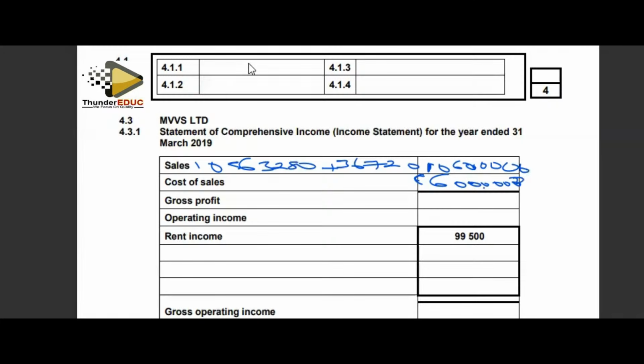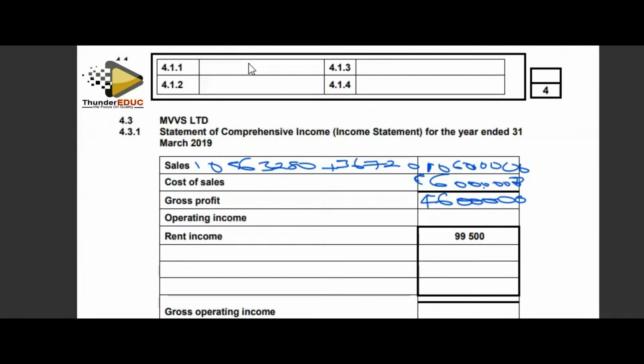Minus the 6 million, we are getting 4,600,000. So our gross profit is going to be 4,600,000.